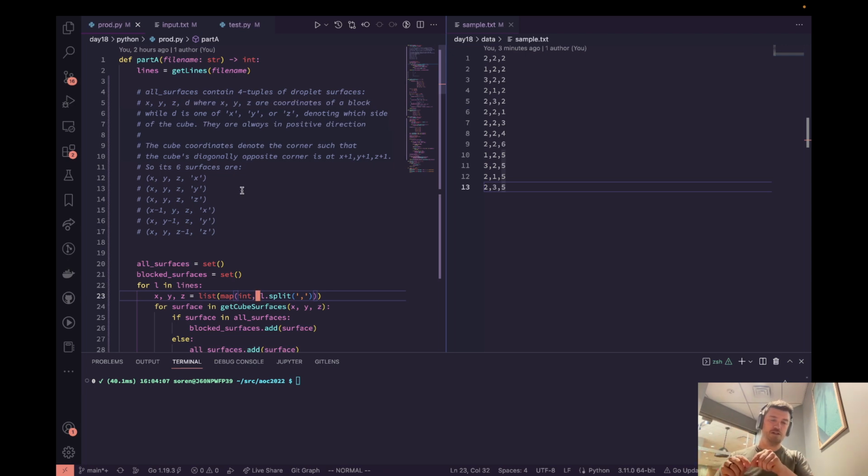So if you have the cube that starts at... I'm trying to show it with my hands because I don't have a whiteboard or anything here.